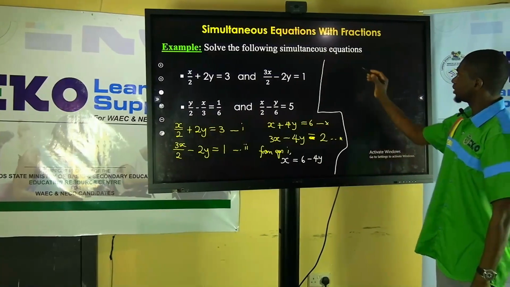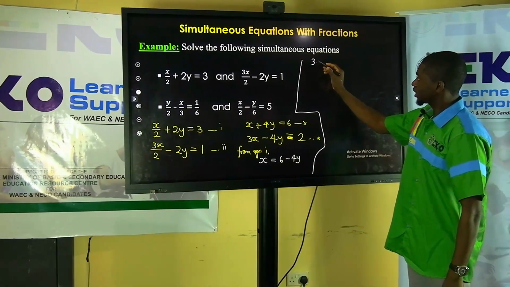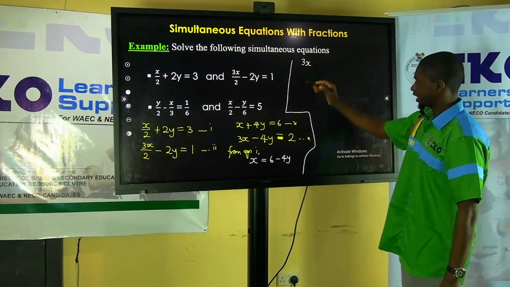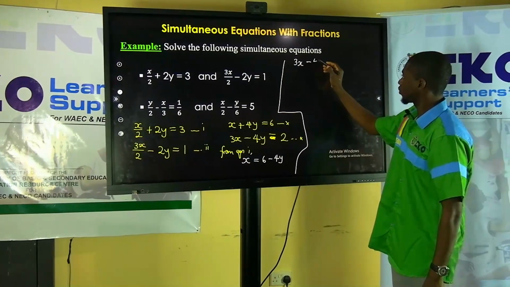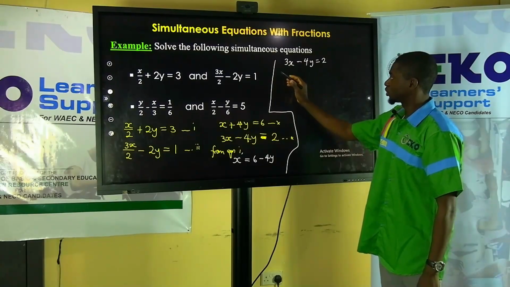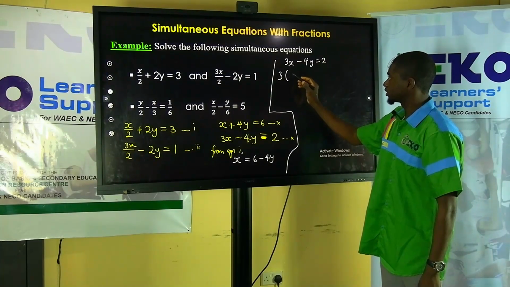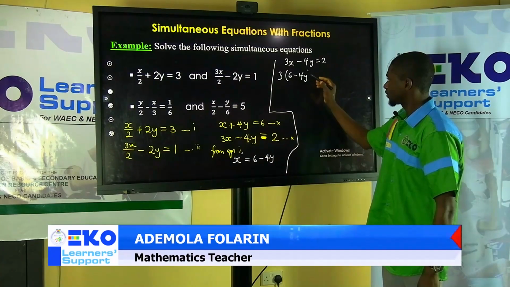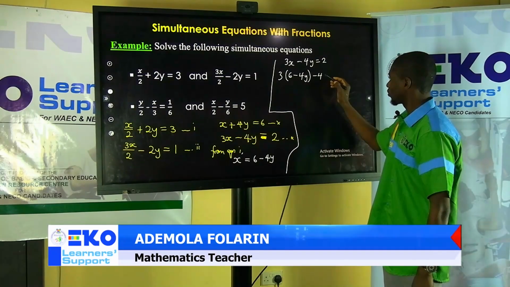Then it becomes 3x. This x minus 4y equals to, right? That's what we are doing. So this becomes 3, open bracket, 6 minus 4y, close bracket, minus 4y equals 2.